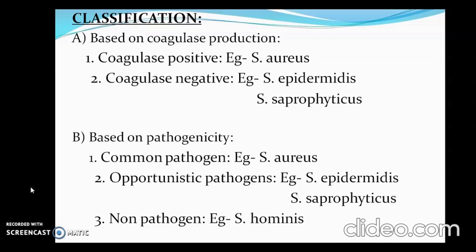Staphylococcus aureus is a common pathogen, and there are also some opportunistic pathogens in the Staphylococcus genus that include Staphylococcus epidermidis and Staphylococcus saprophyticus. And there is also a non-pathogen in the Staphylococcus group, an example of which is Staphylococcus hominis.